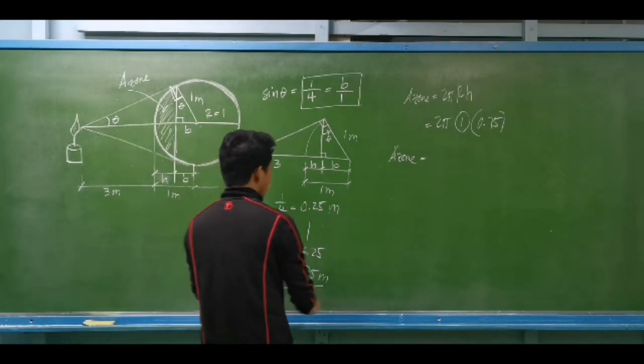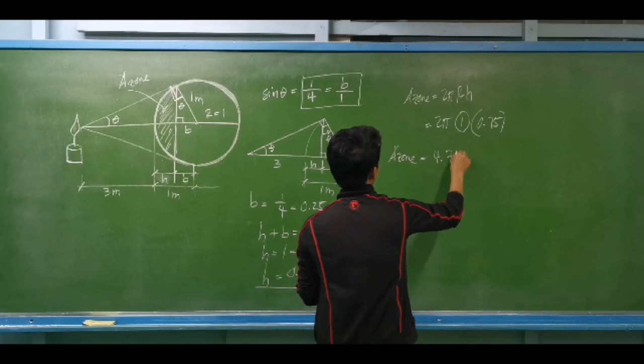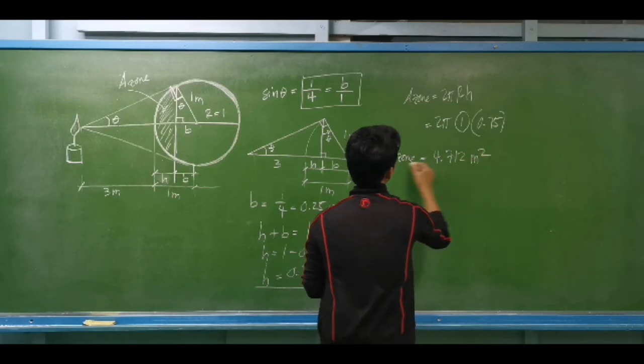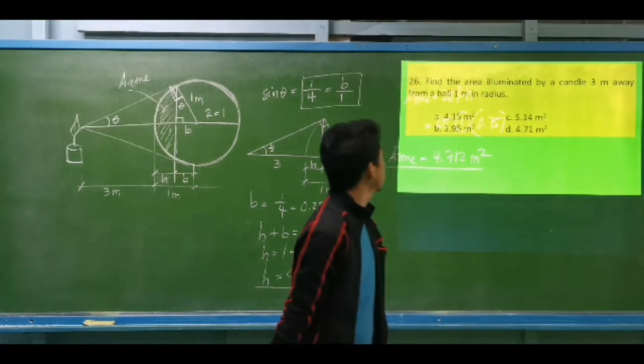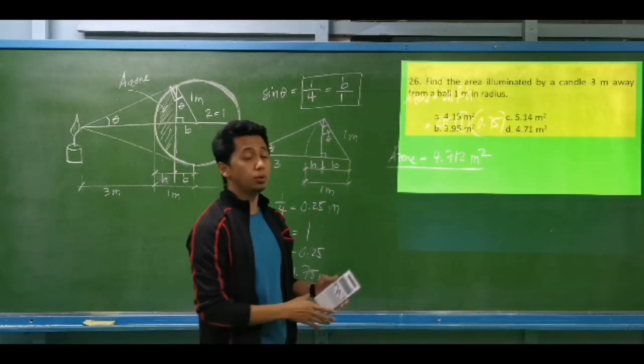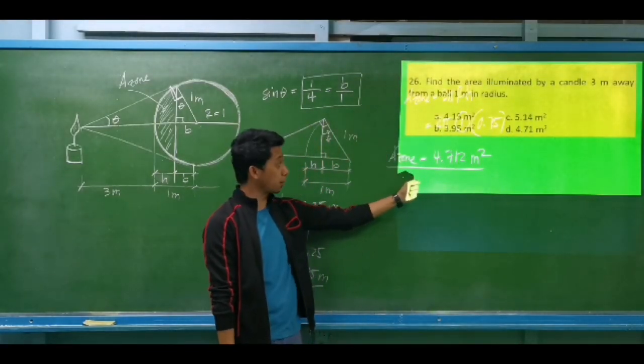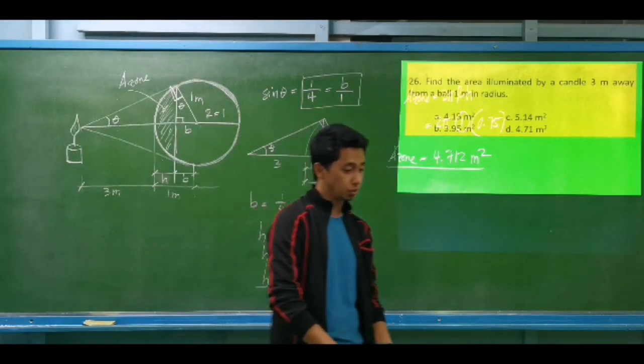So, yung nakuha ko dito is 4.712 square meters. Check natin yung choices. 4.712. Okay, we have letter D, 4.71. So, yun yung sagot natin.